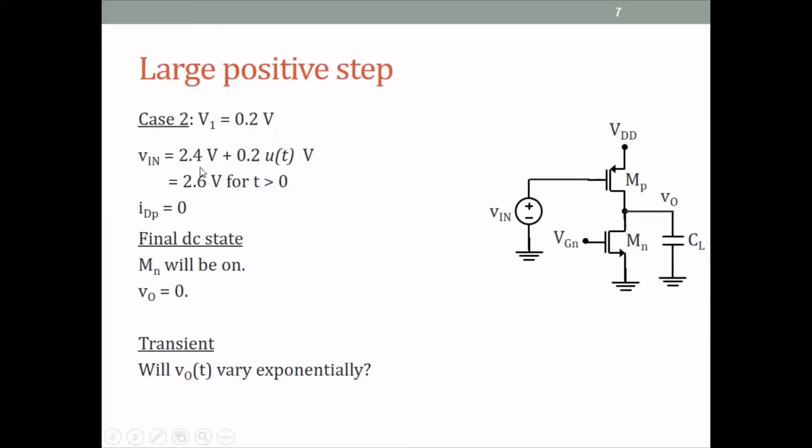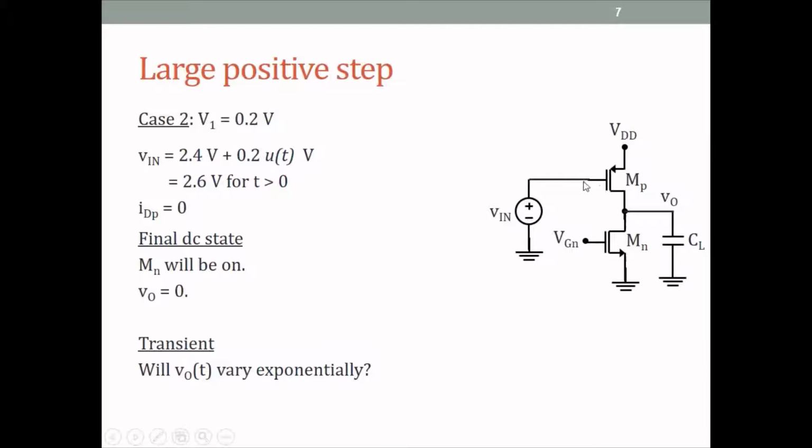So now the input voltage is 2.4 plus 0.2 into the unit step function. So it is 2.6 volts for t greater than 0. The unit step causes a sudden change in the input voltage, which becomes 2.6 volts for t greater than 0. We are ignoring all the capacitances of MP.